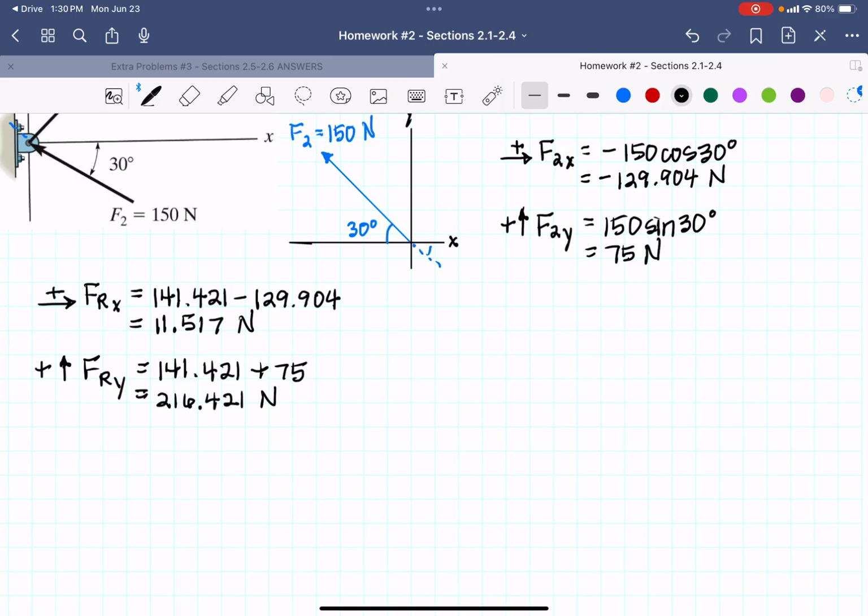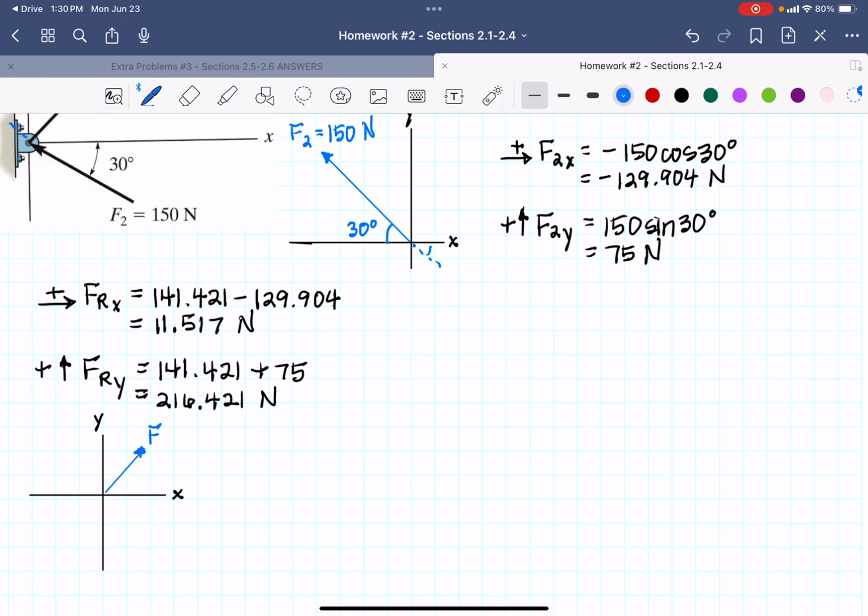So when I look at that, I've got a positive x and a positive y. So when I draw my little graph to see where my resultant force is, they're both positive. So I know the point's going to be somewhere in the first quadrant. So this is what it's going to look like.